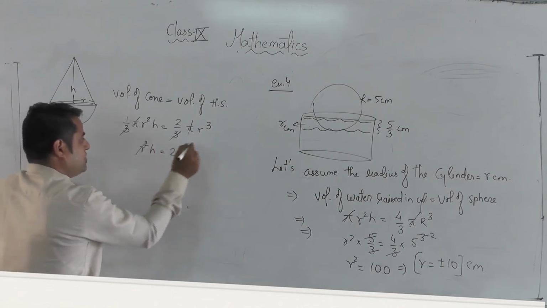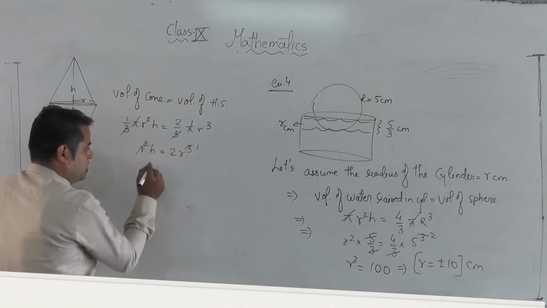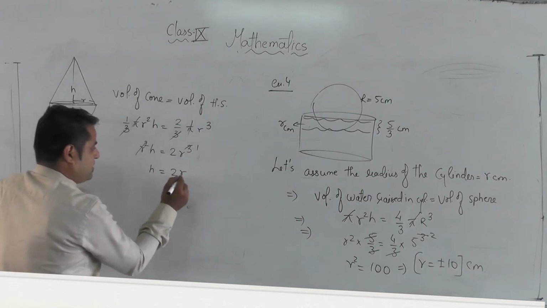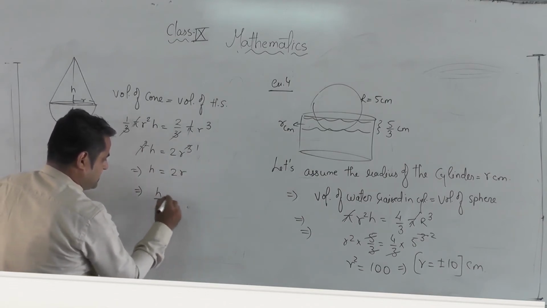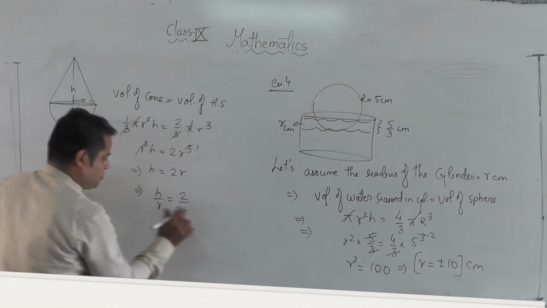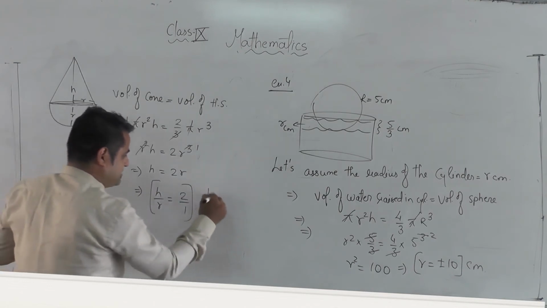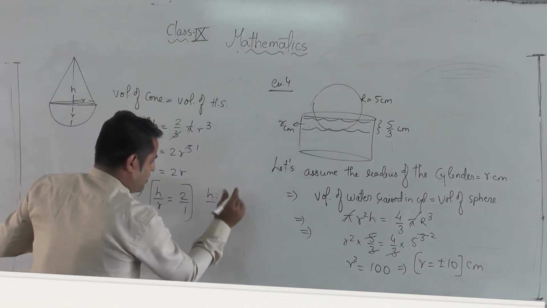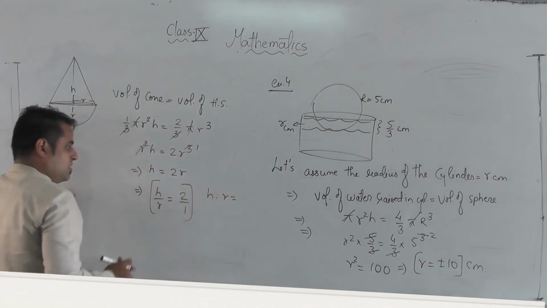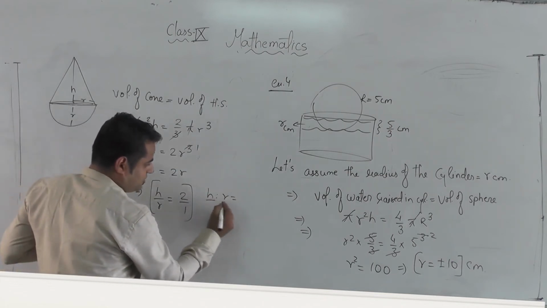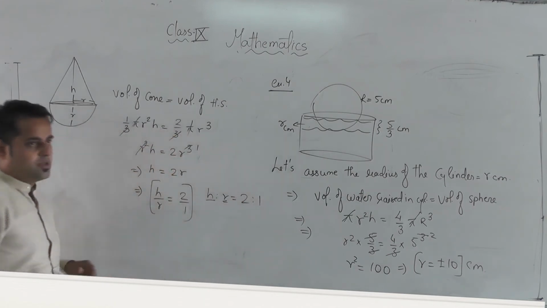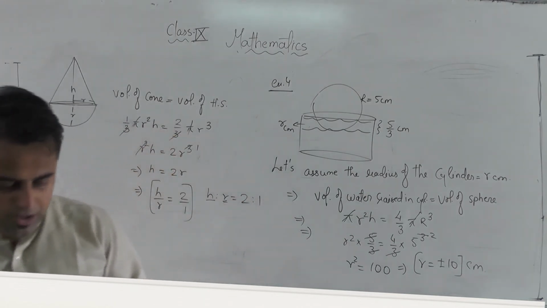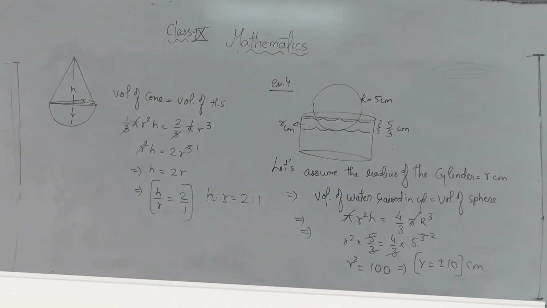Now r is also equal, so we cancel the r also. H equal to 2r. If we call this r here, it will come like this. H by r is 2 by 1. This shows the ratio of height of hemisphere and cone. This is the height of cone, this is the height of hemisphere, which is 2:1. This is the relation or the ratio of heights of cone and hemisphere of equal base.